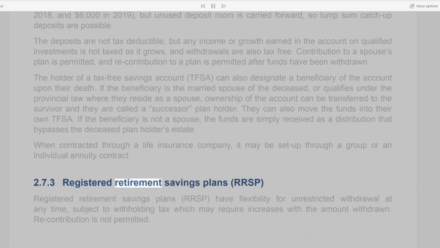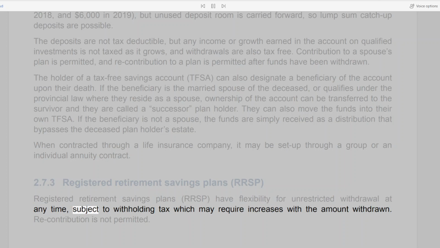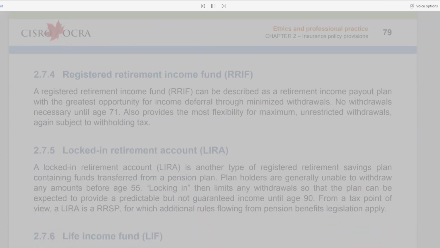2.7.3 Registered Retirement Savings Plans, RRSP. RRSPs have flexibility for unrestricted withdrawal at any time, subject to withholding tax which increases with the amount withdrawn. Recontribution is not permitted. 2.7.4 Registered Retirement Income Fund, RRIF.